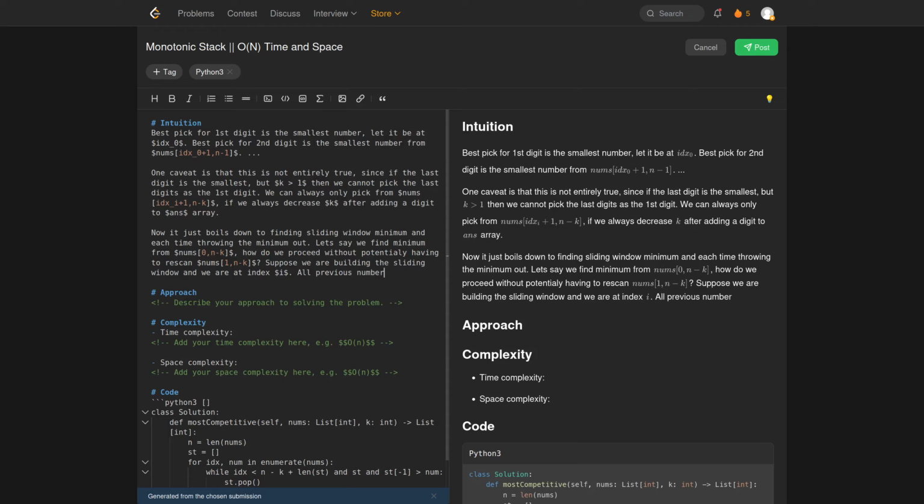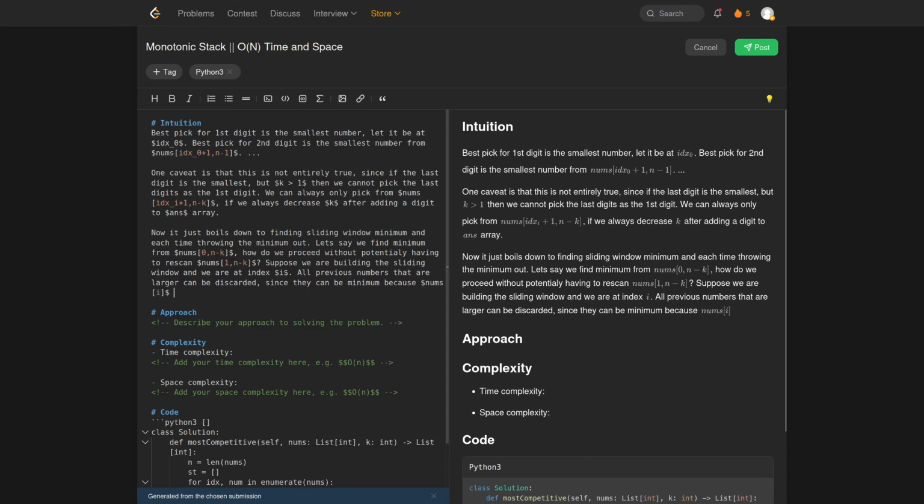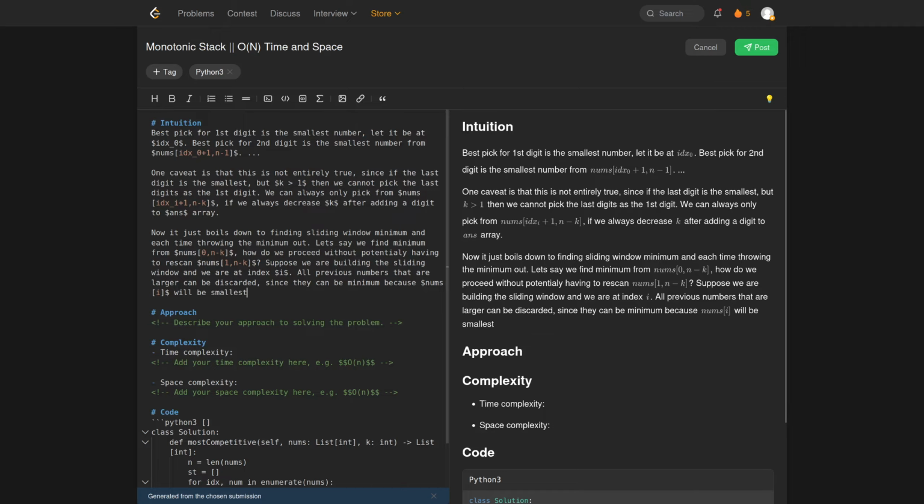All previous numbers that are larger can be discarded since they can't be the minimum, because i will be smaller than or equal to them in all possible sliding windows.